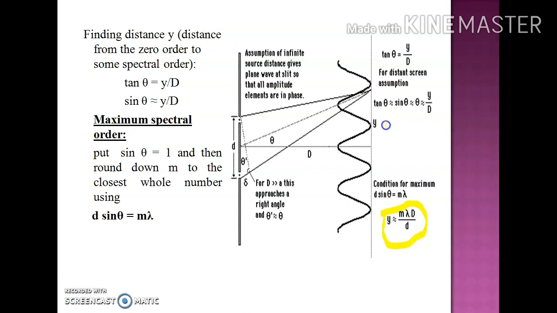As you can see on the screen, in order to get the distance from this position to this position, I have substituted the value of sin theta in the relation d sin theta equal to m lambda. So I have obtained this relationship, y is equal to m lambda capital D upon small d. So from here you can write down the value of y.